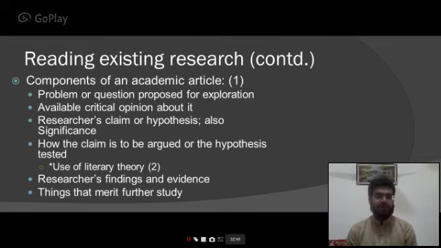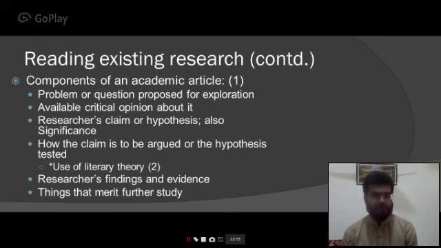If you are familiar with these components and you identify them in the research article you're reading, you will be able to easily move through that research article, locating all important aspects and pieces of information which are required for your study, and obviously to understand the scholarship and the organization of ideas in that particular article.